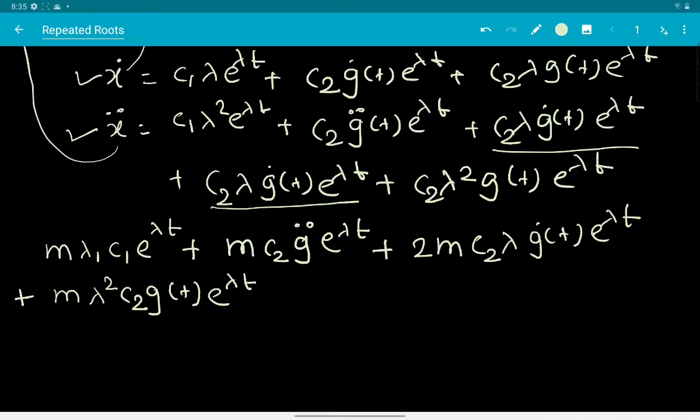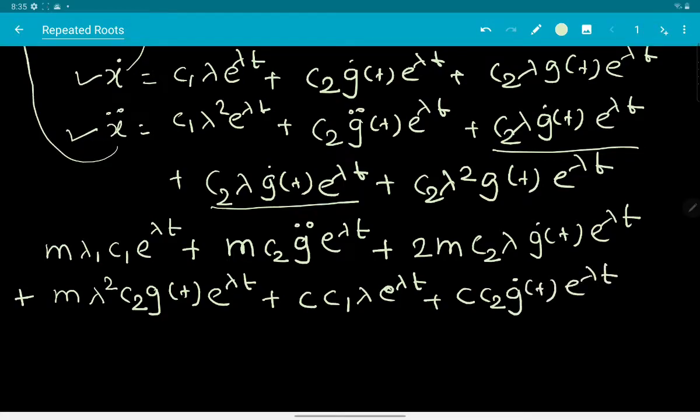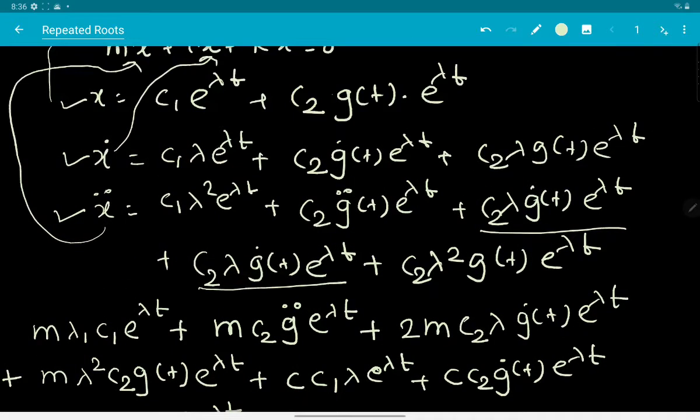Now the second term is c x dot, that is c1 lambda e raised to lambda t plus c2 g dot of t e raised to lambda t plus c2 lambda g of t e raised to lambda t, plus kx. Let me see what is x.